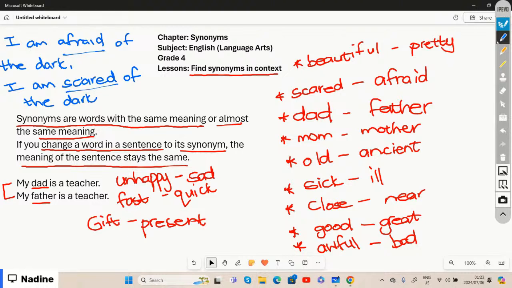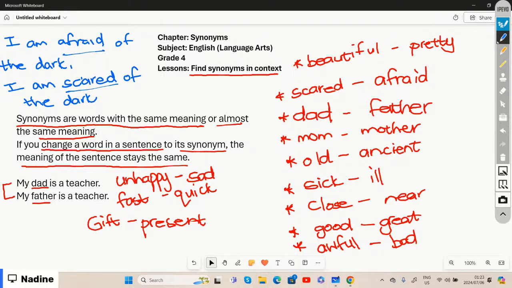So that is two different sentences, but I've used the same word, right? Because the synonym of afraid is scared. The synonym of scared is afraid. So I added another word, the synonym of that word, within the sentence, and yet the meaning of that sentence stays the same. And that is what we are going to try and find within this lesson.